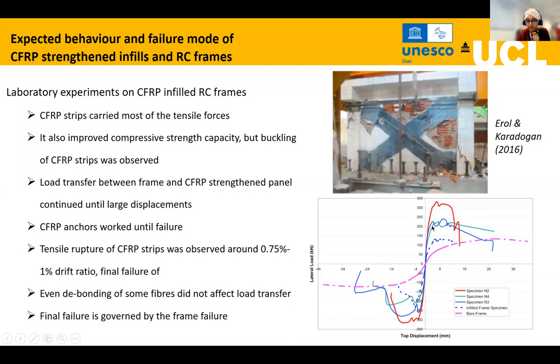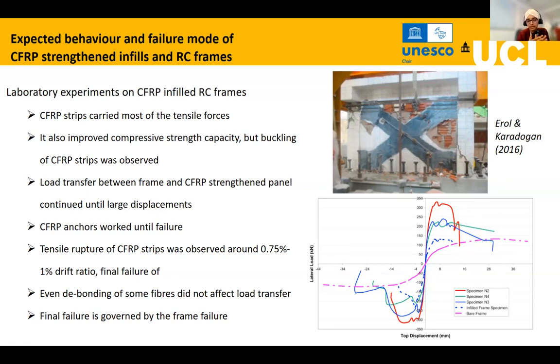So in every case, we can see that there is substantial improvement in their load-bearing capacity, and it further reduces the lateral deformation of the frame. In addition to the tensile capacity improvement, it also improves the compression capacity, because it keeps the masonry intact during the action.